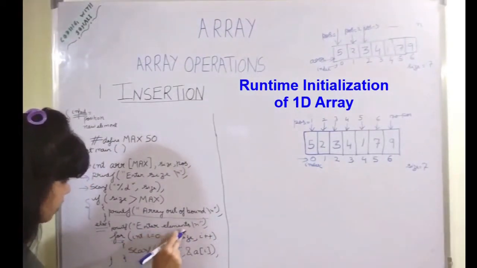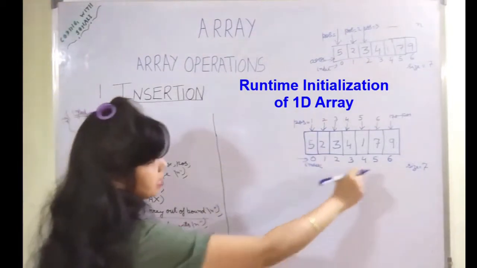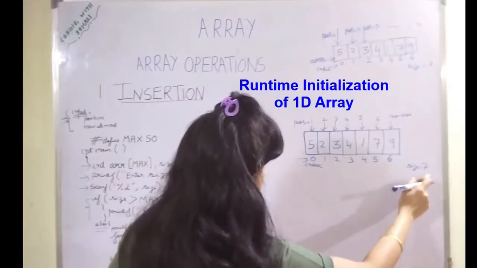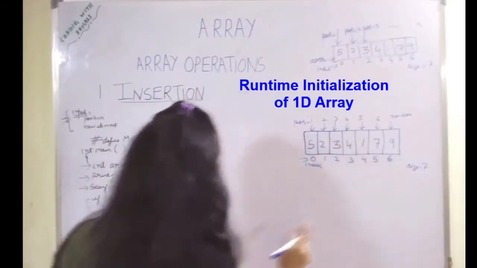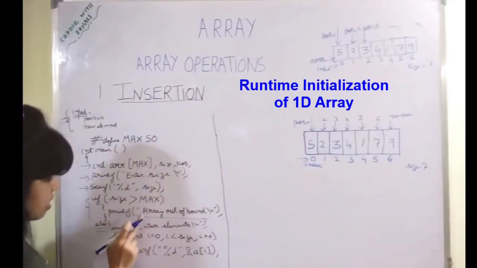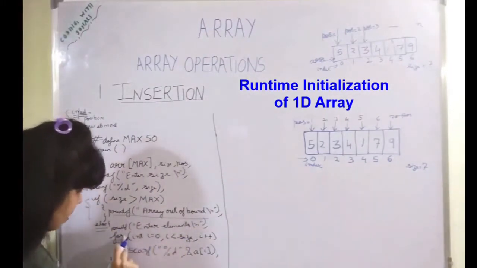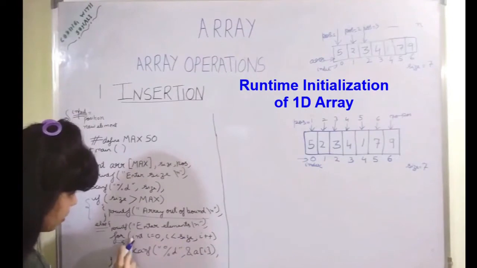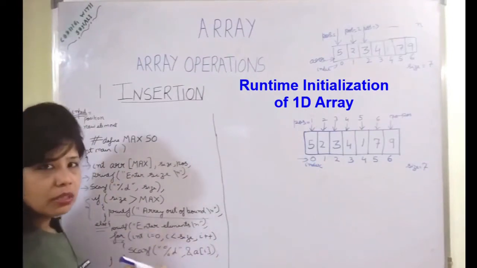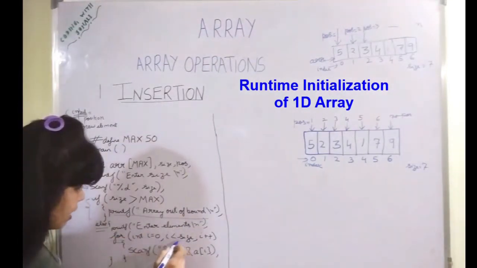Suppose the user enters the size 7, so we know that the maximum is 50, this condition is not satisfied, well and good, then we ask the user to enter the elements. We know that the for loop is used to iterate over the complete array, element by element. So i is equal to 0, i less than size.